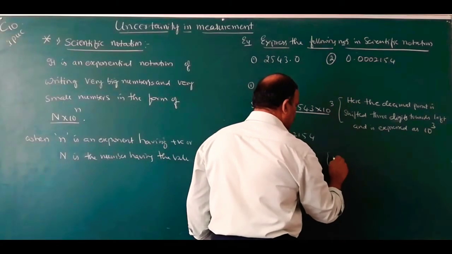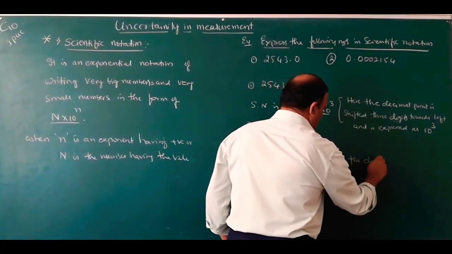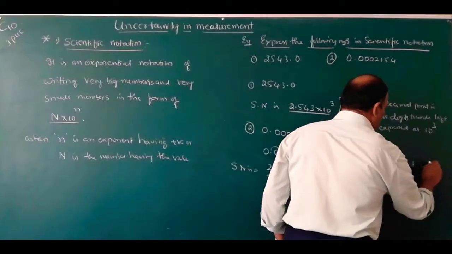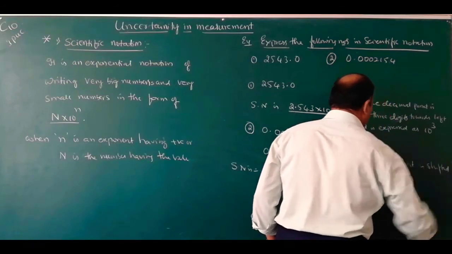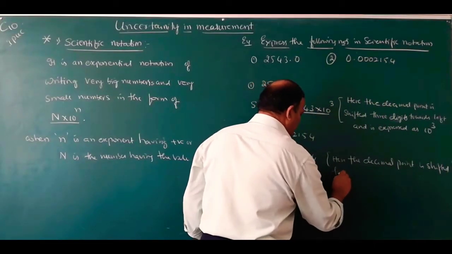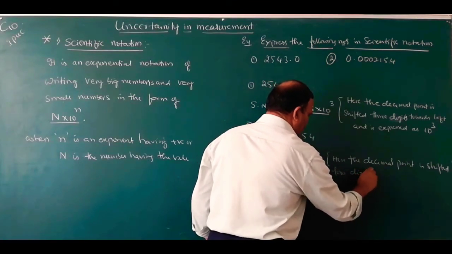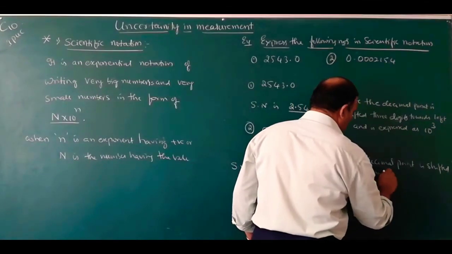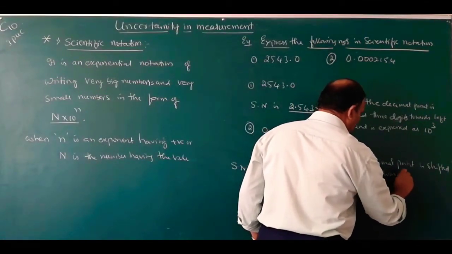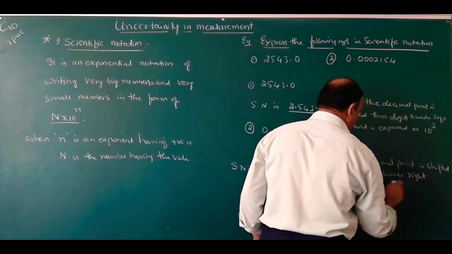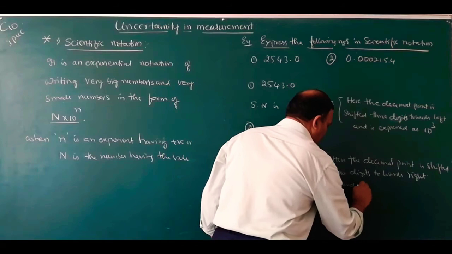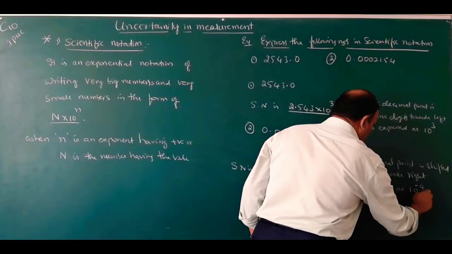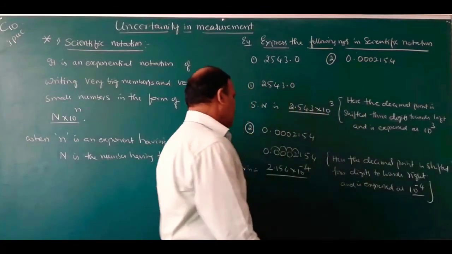So here the decimal point is shifted 4 places, or 4 digits, towards right and is expressed as 10 to the power of minus 4.